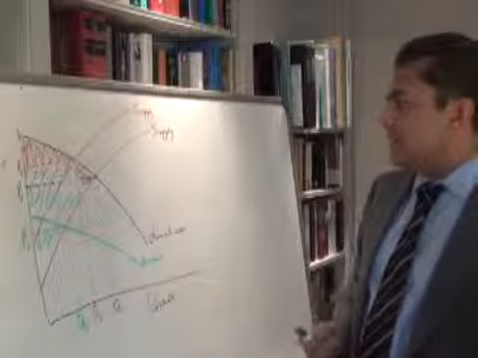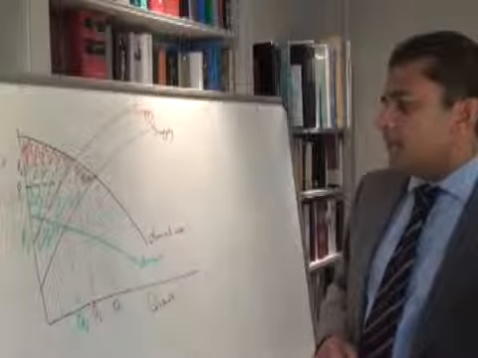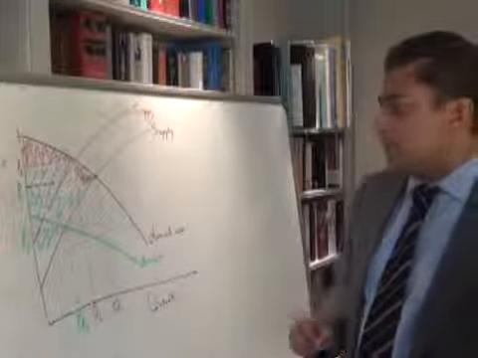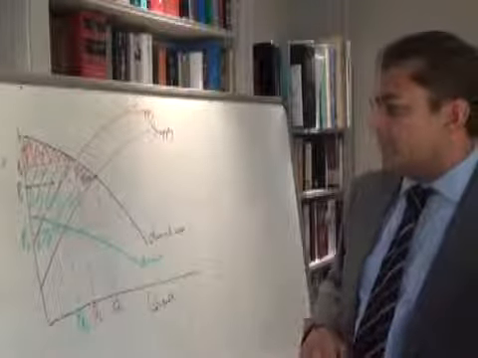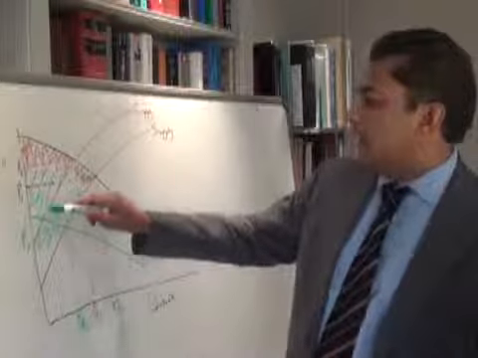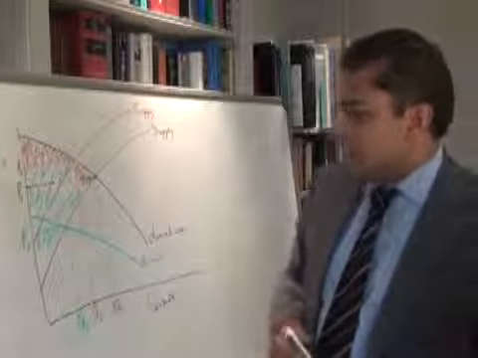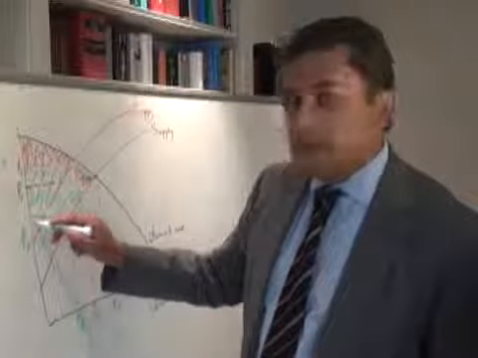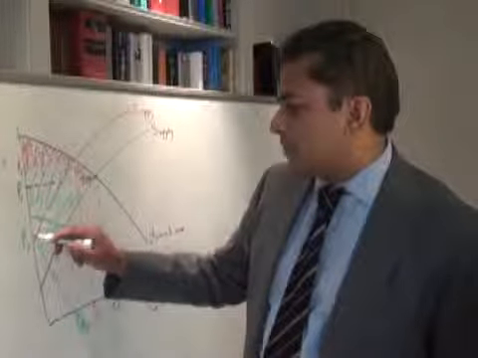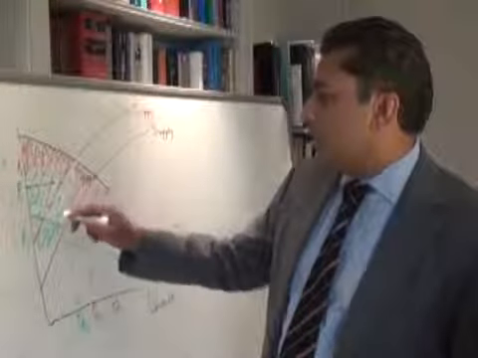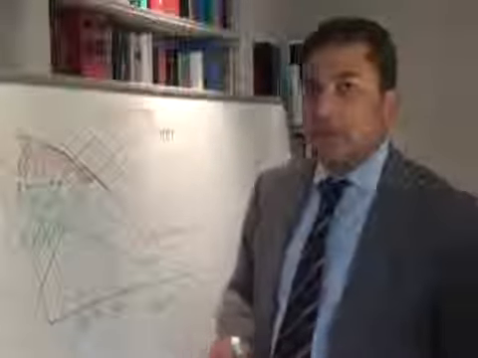Now we can see what we've done to the producer surplus and the consumer surplus, because you've got a price, the demand curve here, you've got a supply curve here, you have a consumer surplus that is just this tiny little area, you've got a producer surplus that is just this tiny little area, and you've got a huge deadweight loss in the economy.